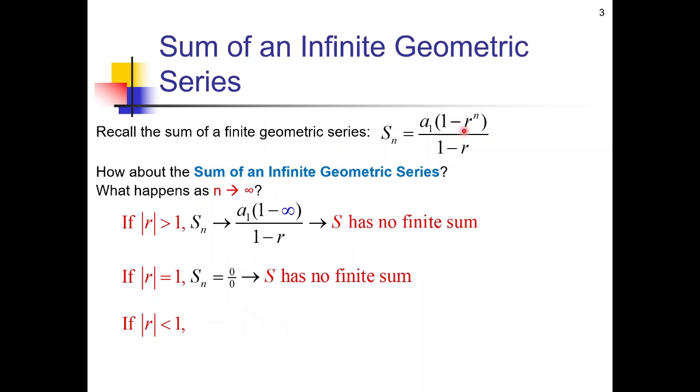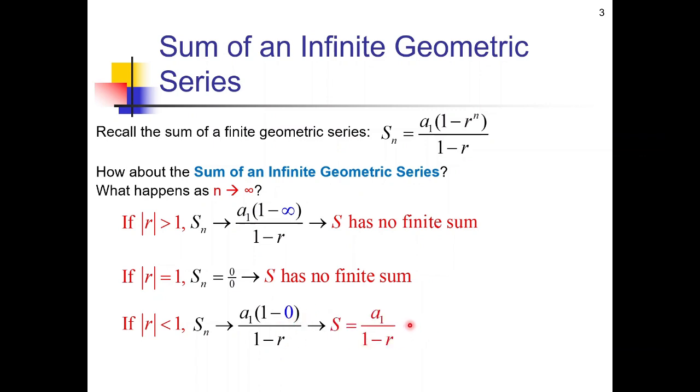If I take something that's between negative 1 and 1 and raise it to a super large power, it is getting smaller and smaller to the point where it's practically 0. And if this is practically 0, then if I was able to go all the way to infinity for this n value, I would just have a sub 1 times 1 minus 0 up here, which would just be a sub 1 over 1 minus r.